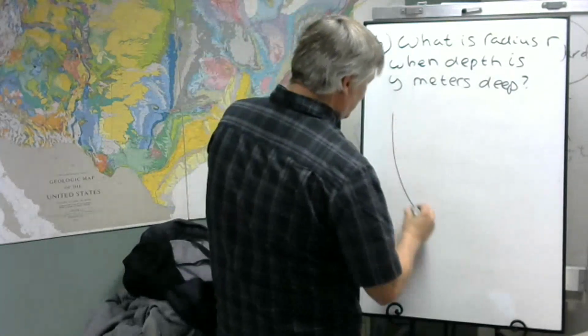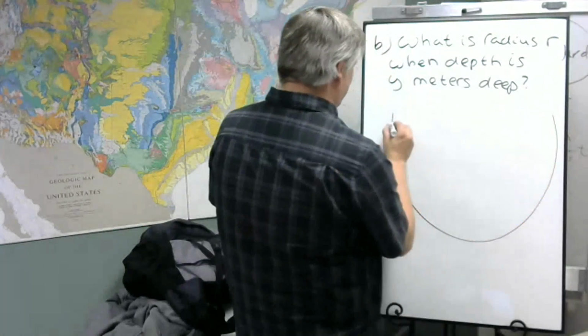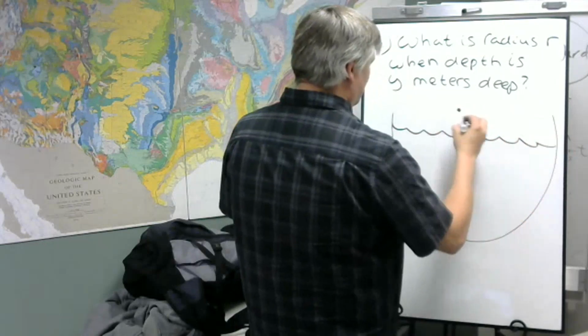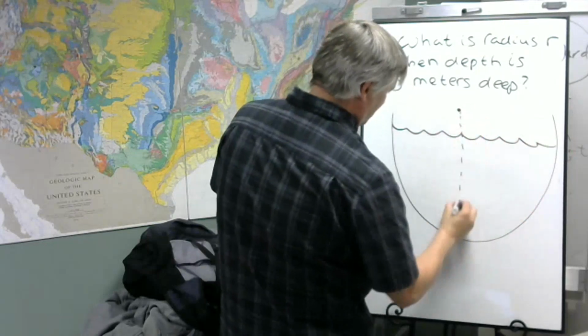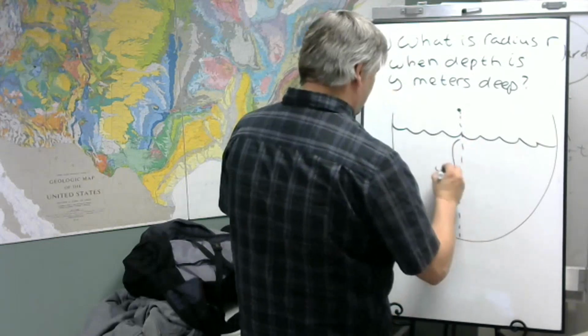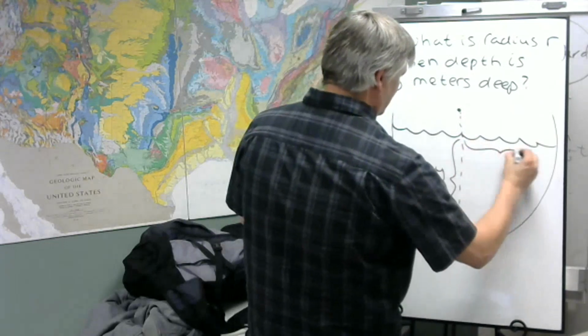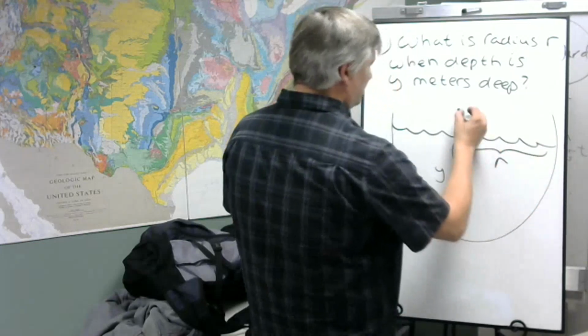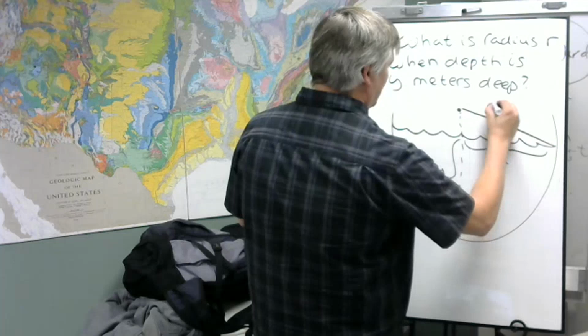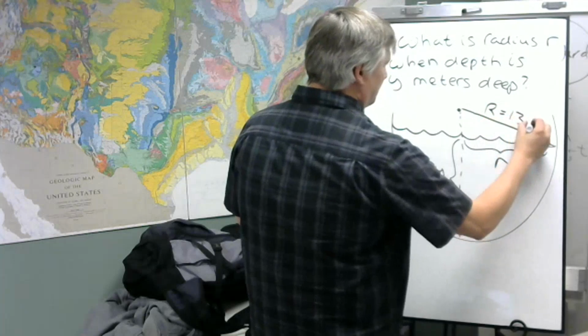So again, let's draw a picture here. Let's bring this back. Y, R, and then let's say the radius R is 13.